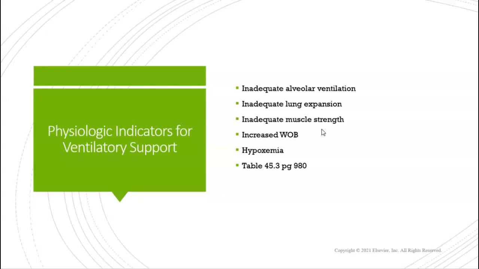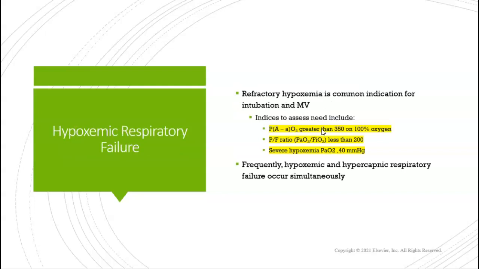Hypoxemia is calculated out by AA gradient, which we talked about in the first slideshow, and your PF ratio, which we're going to talk about here in a minute. Okay, so your hypoxemic respiratory failure.